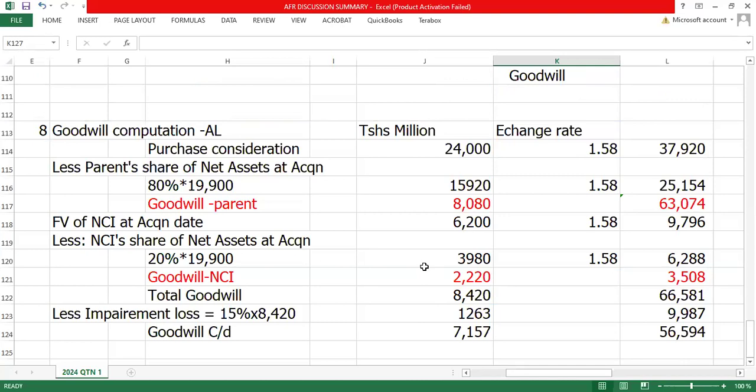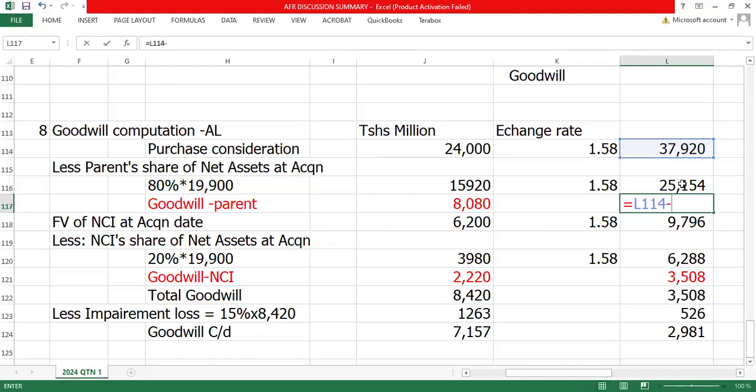Here I added, which is wrong. This one should be a minus. Because here I tried to translate and it was giving me 11 something. So it should be this. Sorry, I had made an error here.